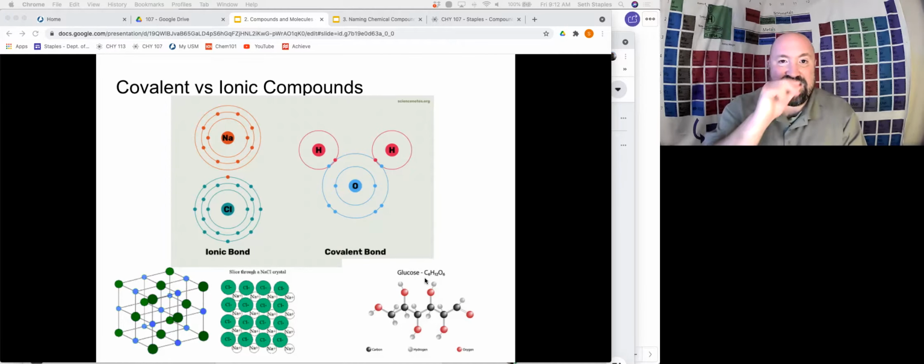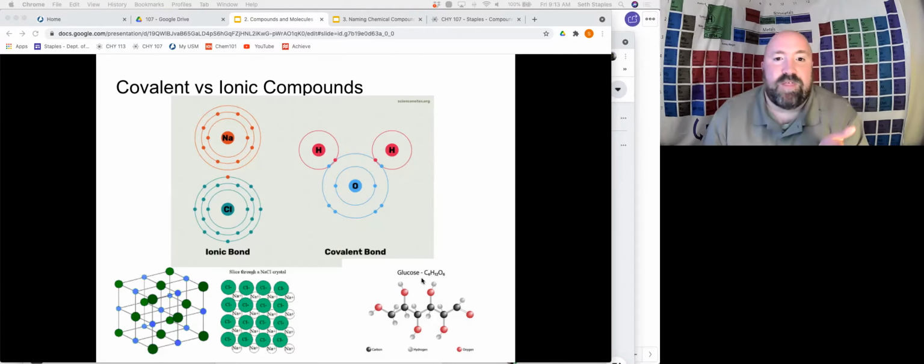That tells us that in each individual glucose molecule, which does exist as discrete molecules, single molecules by themselves, the chemical formula is that C6H12O6. And so each of those separate glucose molecules consists of 6 carbons, 12 hydrogens, and 6 oxygens. That's why you don't reduce the formula down with a covalent compound the same way that you would with an ionic compound. Key difference there.